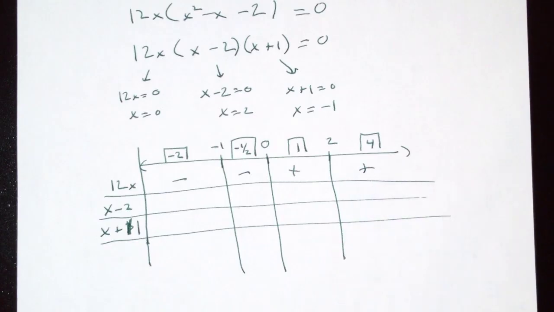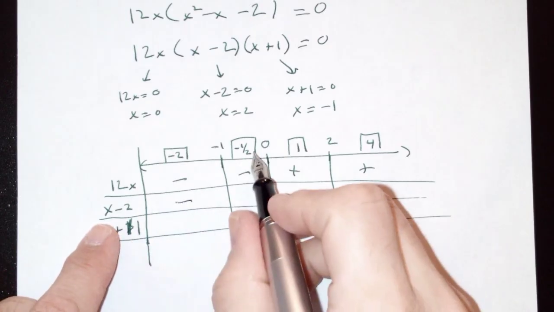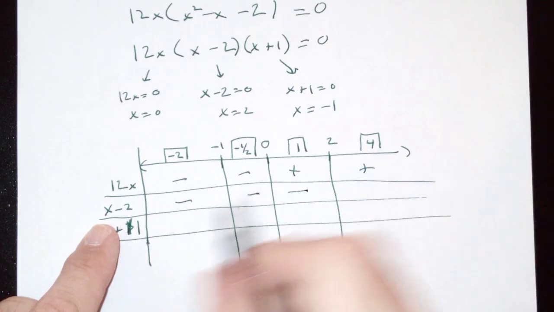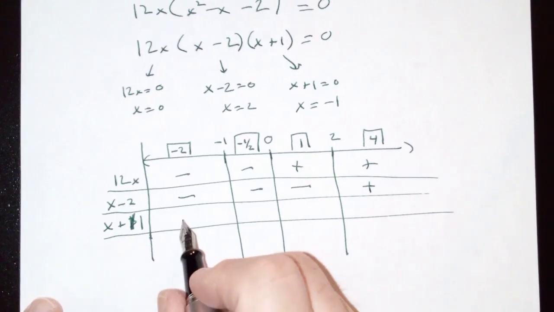Please notice that it only changed once across that whole line from negative to positive because it's 12x. 12x is a line. I like that. That helps. -2 minus 2, -1/2 minus 2, 1 minus 2, 4 minus 2. Same thing with the +1.